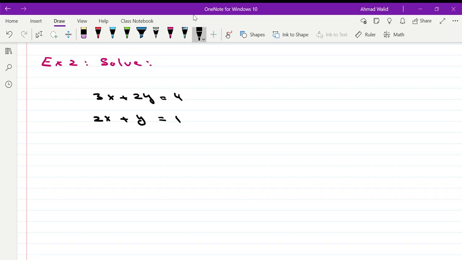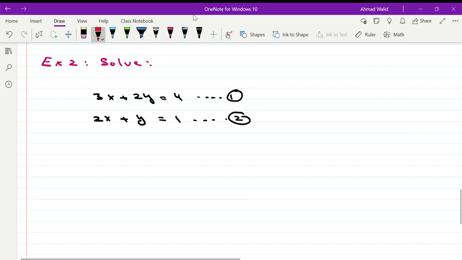Okay, my first decision is important. Should I take equation number 1 and solve for one of its variables, or should I choose equation number 2 and solve for one of its variables? There is no restriction, right? You can choose any, but usually we look for the easy one.